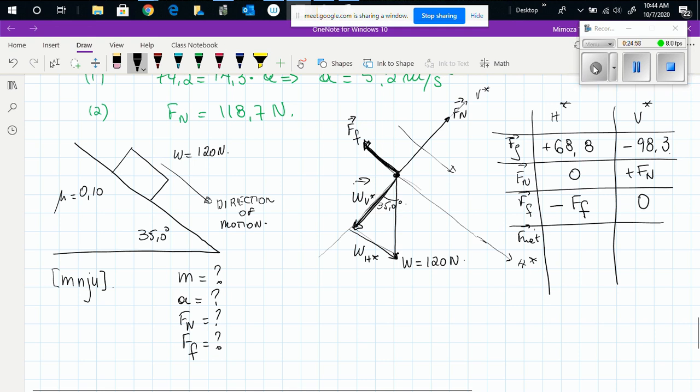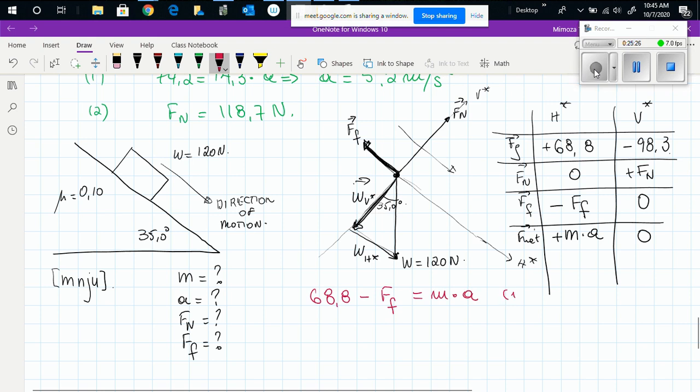And now force net in the horizontal will be positive, mass times acceleration, and on the vertical it will be equal to 0. Now, from the new horizontal, what we have is 68.8 minus force of friction is equal to mass times acceleration.